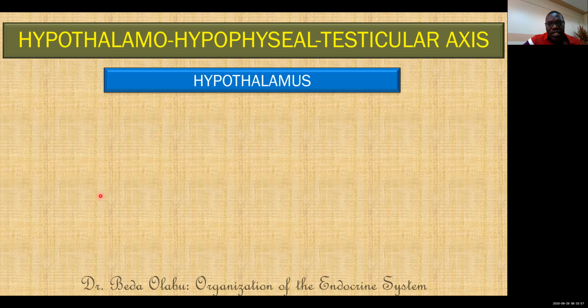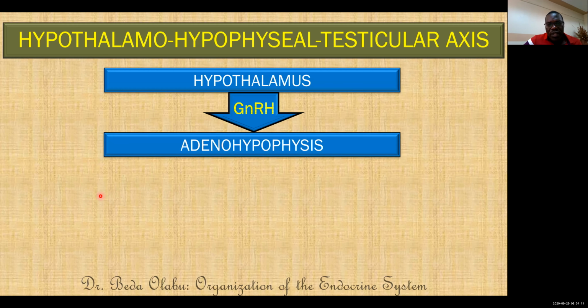Then pituitary gland then signals the testis. So let's see, which hormone does hypothalamus secrete that goes to the pituitary gland? That hormone is gonadotropin releasing hormone. So hypothalamus secretes gonadotropin releasing hormone, and that hormone acts on the anterior pituitary, what we call adenohypophysis.